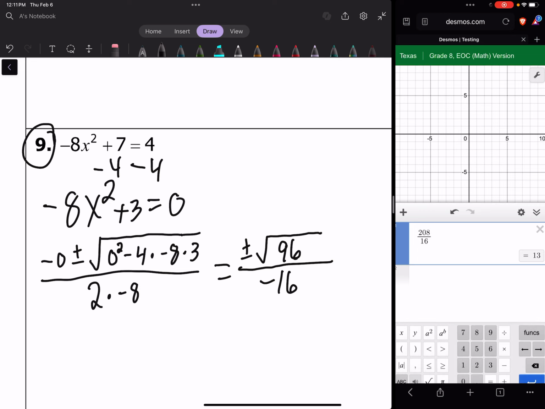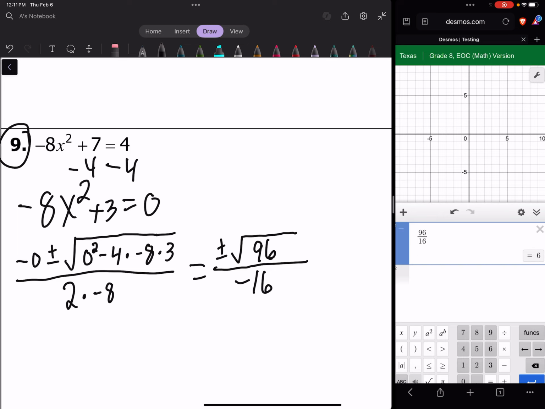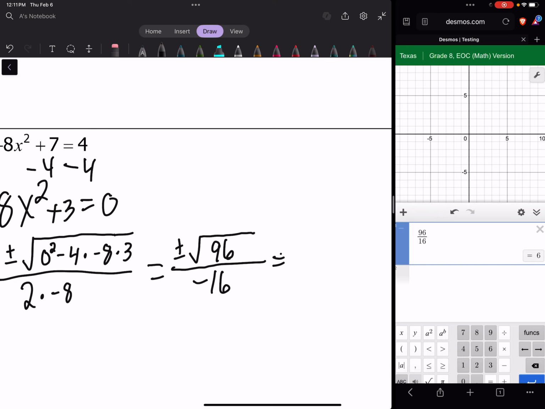I can do my 96 divided by 16 also, because 16 again is the perfect square. And I'm going to be left with plus or minus. If I'm using 16, the square root of 16 is 4. I'm just saving time. 4 square root of 6 over negative 16.